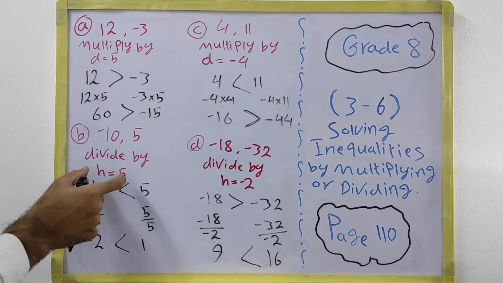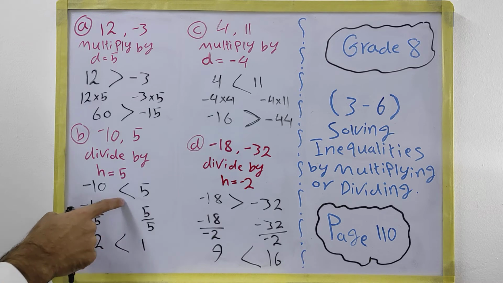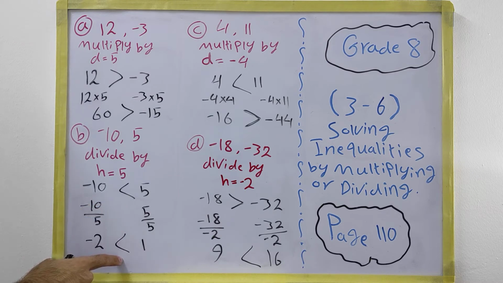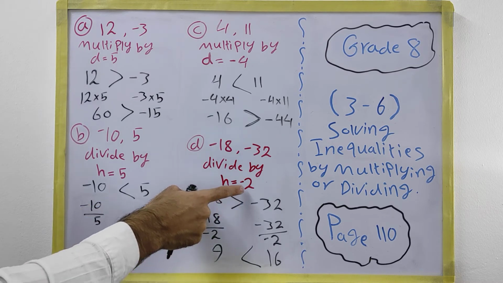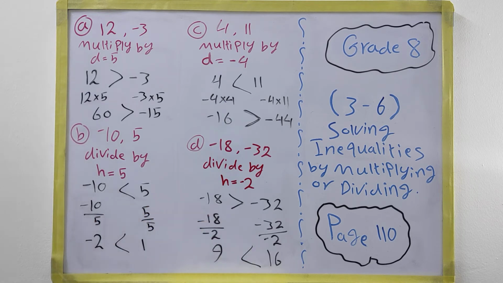Again, we see that when we divide it by a positive number, the sign stayed the same. Nothing changed. But when we divide by a negative number, always the sign is changing. So from this one we got that whenever we multiply both of the sides of an inequality by a positive number, the sign stays the same.